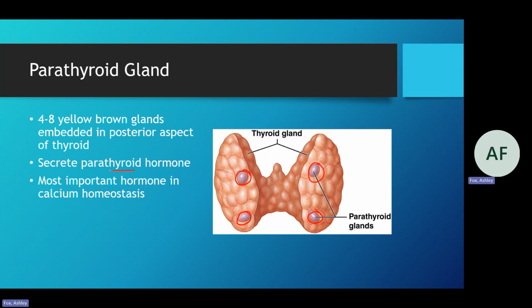So they're producing parathyroid hormone. Again, that's in response to low calcium levels. So this is going to be, again, stimulating osteoclasts and inhibiting osteoblasts. So you're going to chew bone, release calcium from bone.